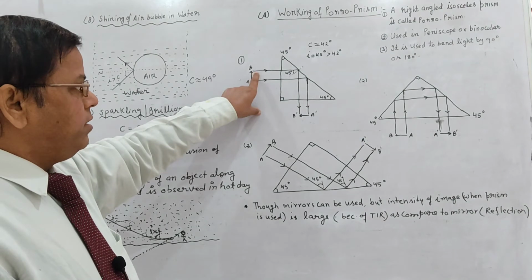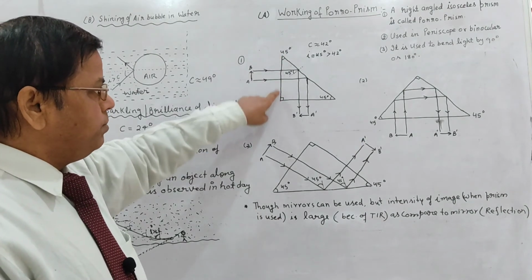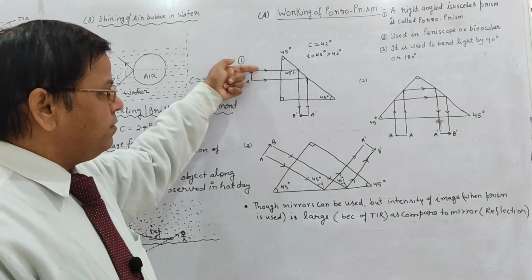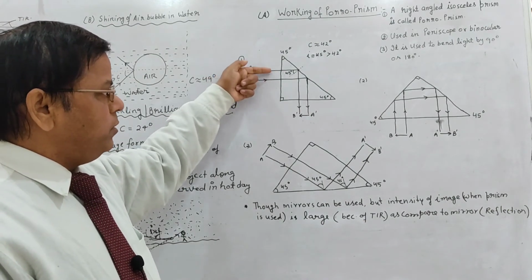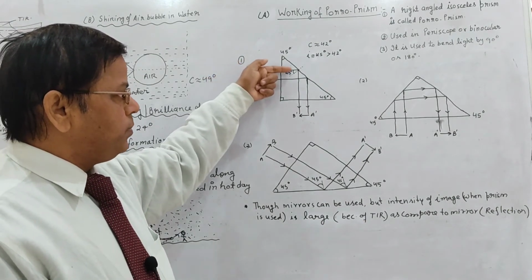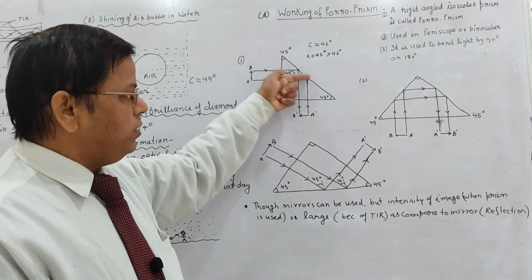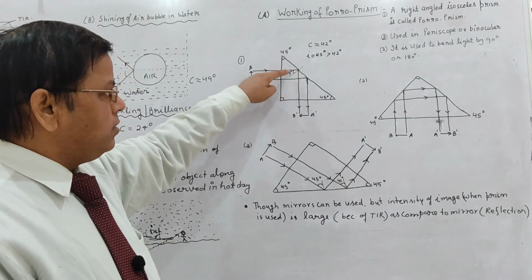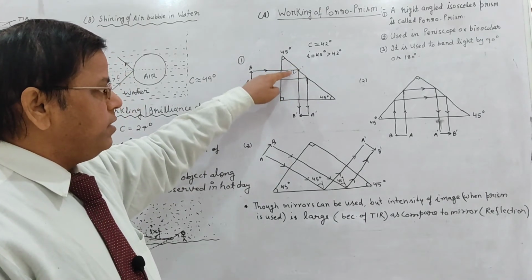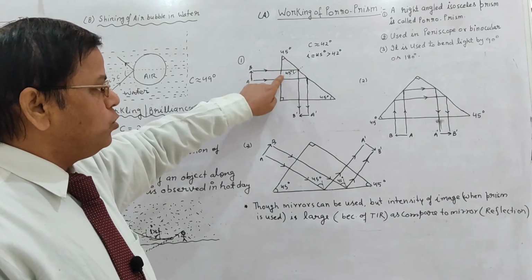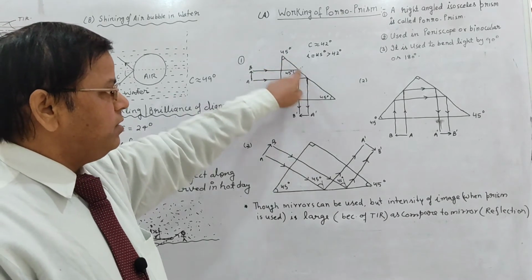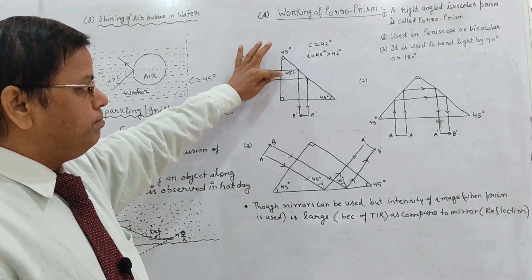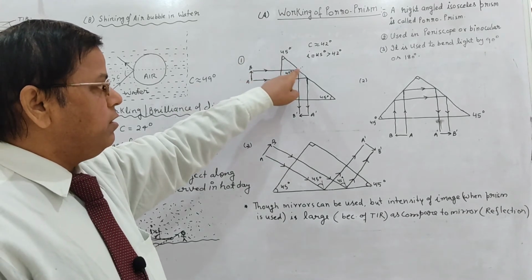If a light ray is incident on this interface normally, the angle of incidence is 0, so it goes undeviated, and then it is incident on this face. If it is normal, then this angle will be 45 degrees, which is more than the critical angle. So this is the angle of incidence on the second face, and it is more than 42 degrees. Hence there is total internal reflection here.